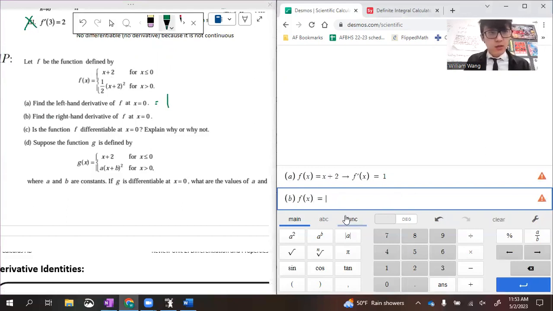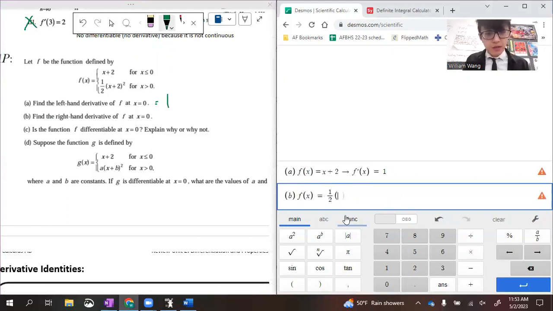All right, next B. F of x is equal to 1/2 times (x plus 2) squared, which means f prime of x is equal to, well, this is a chain rule, right? So I first take the derivative of the outside. The derivative of the outside would be 1 times (x plus 2) to the first power. Right, you can see I did this power rule with the 2 and the 1/2.